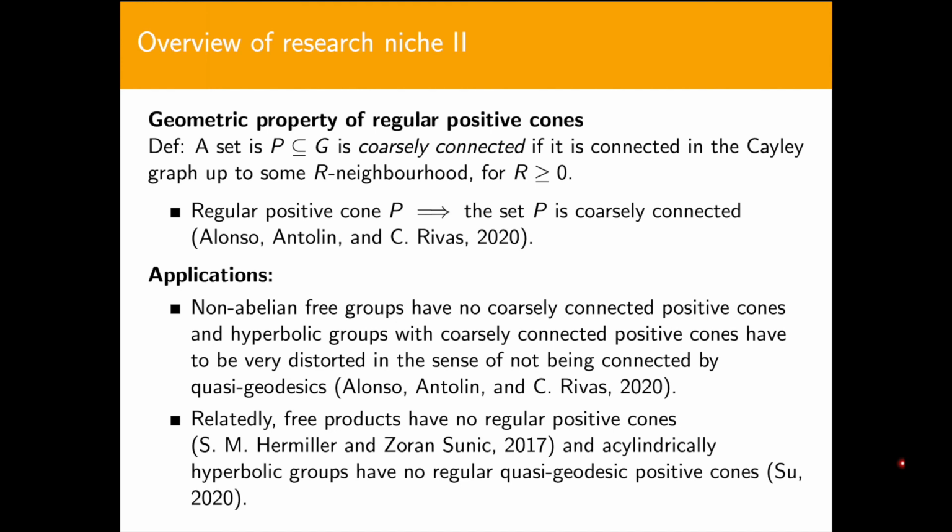And also as an analogy to the hyperbolic group as thickened free group thing, acylindrically hyperbolic groups, which are a generalization of hyperbolic groups, well, we don't know if they have coarsely connected positive cones, but we know that they have no regular quasi-geodesic positive cones. And this is a result in the first paper.